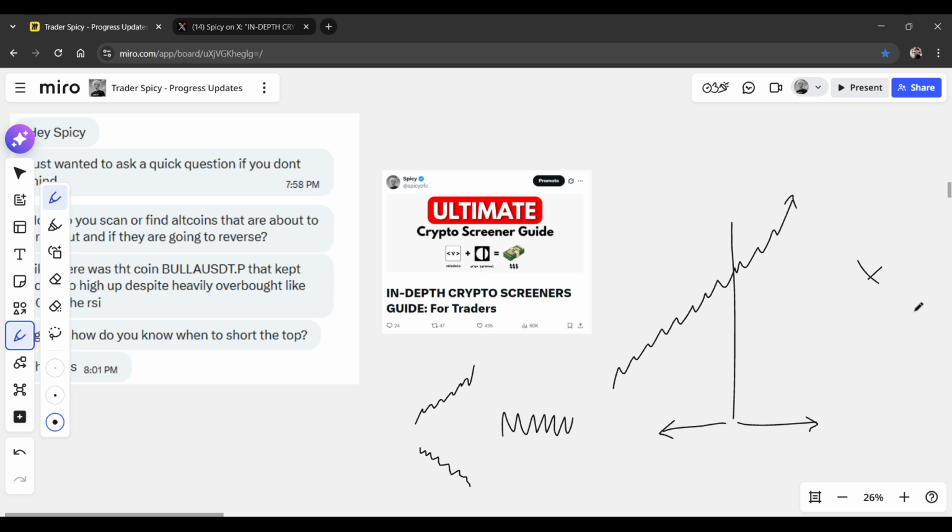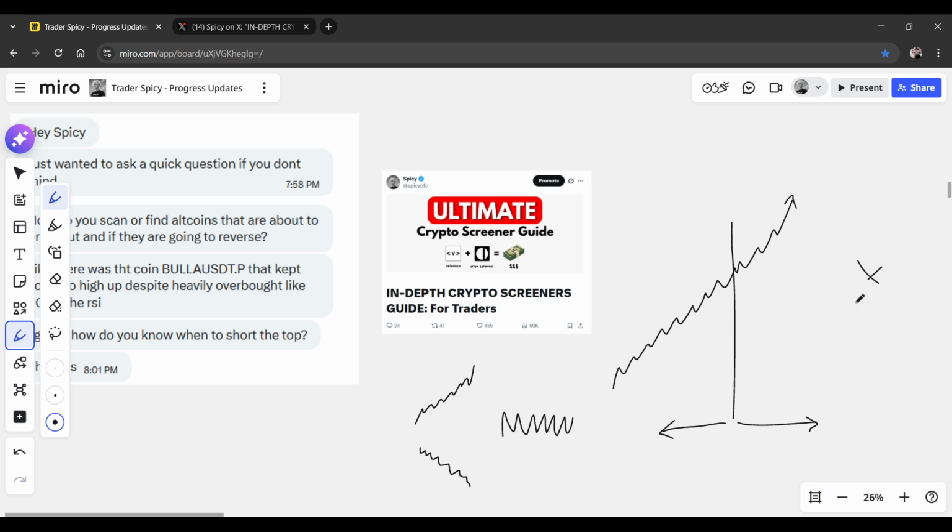And I'll just keep longing. I would rather continue to spam longs until I'm eventually wrong rather than have a bearish bias, try to short the top, and continue to be wrong until I'm eventually right.